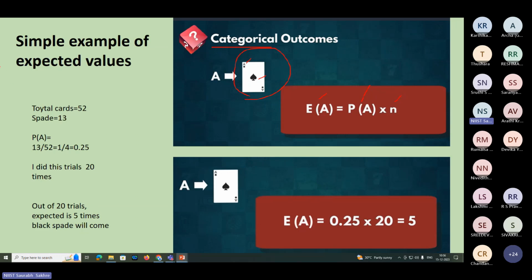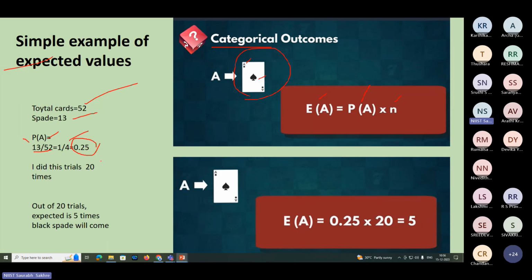Total cards will be 52 and spade is 13 out of that. So the probability of spade from 52 will be 13 by 52, favorable outcome upon total outcomes. That is 1 by 4, that is 25%, 0.25.